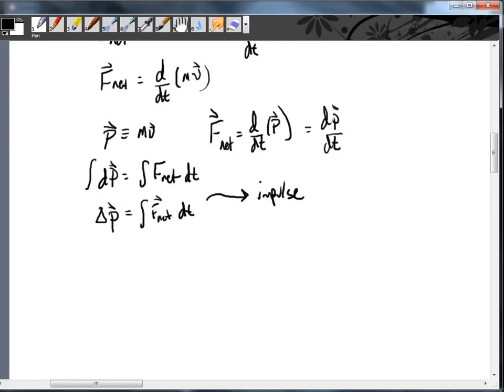Impulse is defined as delta p, our change in momentum, and it has the variable J, because logically J would be the variable we would use for impulse.